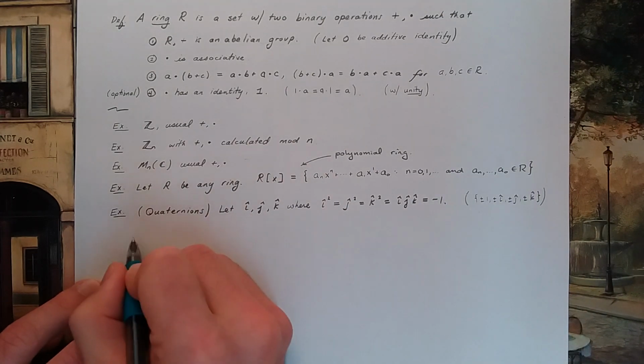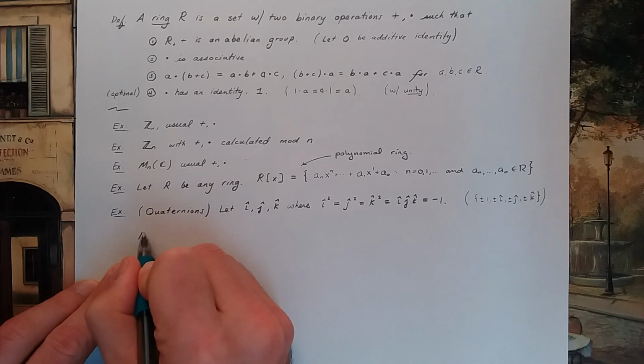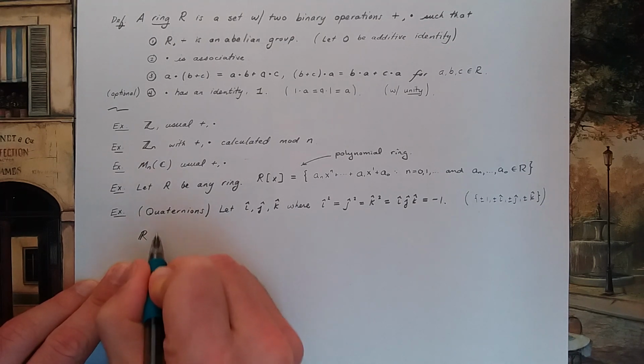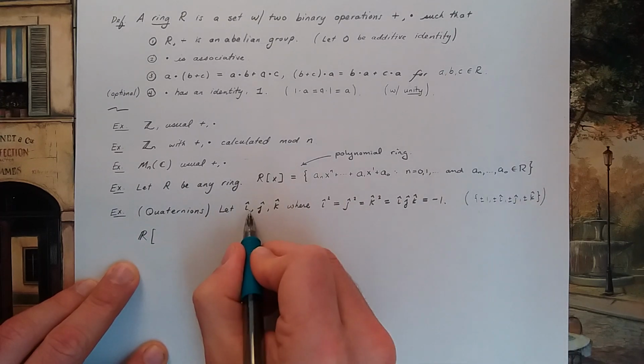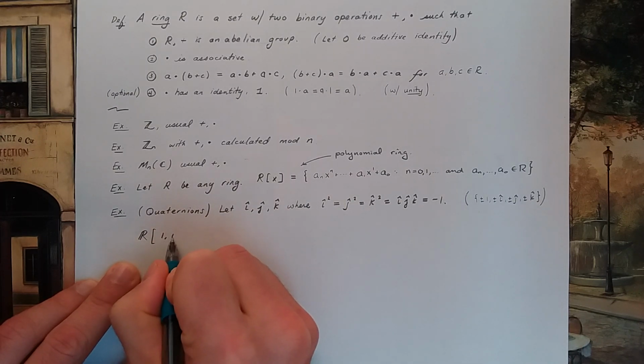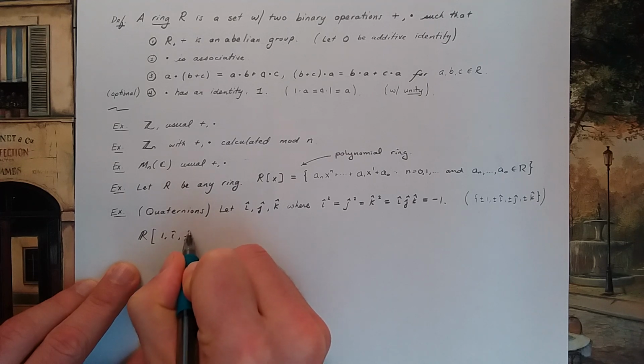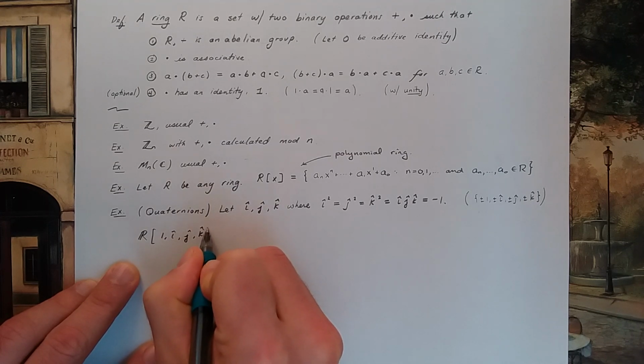My ring is going to be all real numbers, coefficients of polynomials in 1, i, j, and k.